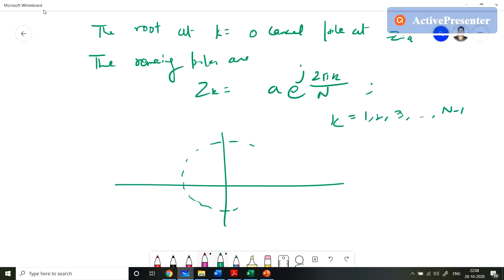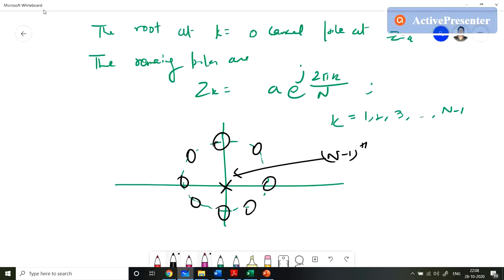So we can just plot this. This is the z plane, and these are the zeros, and there is a pole at the origin, which is basically an N minus 1th order pole, and the pole-zero cancellation is there.